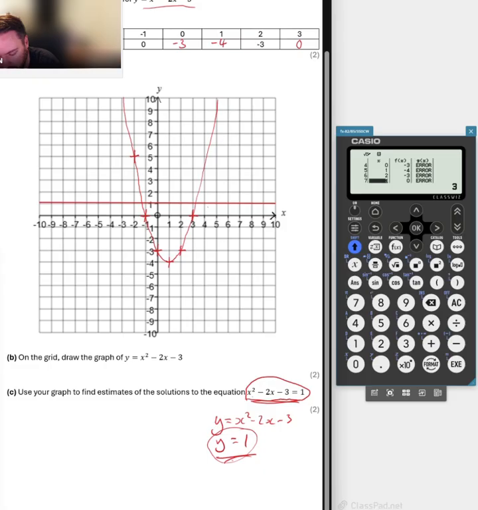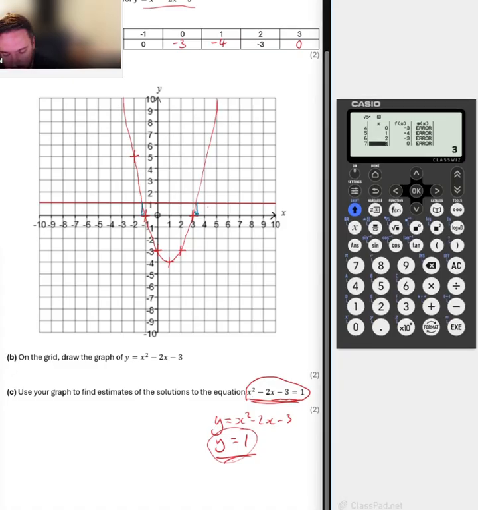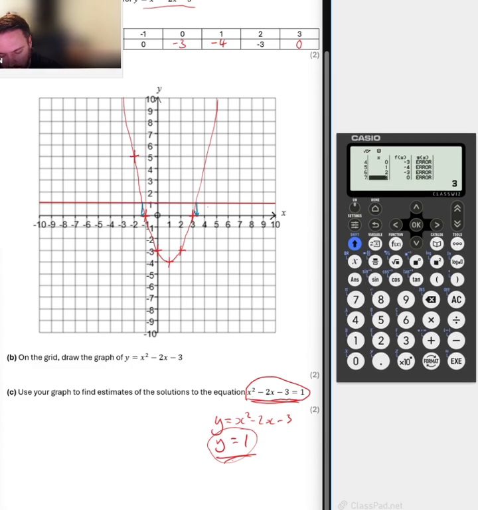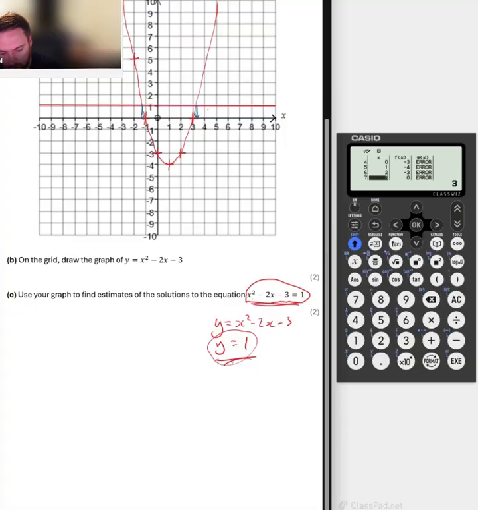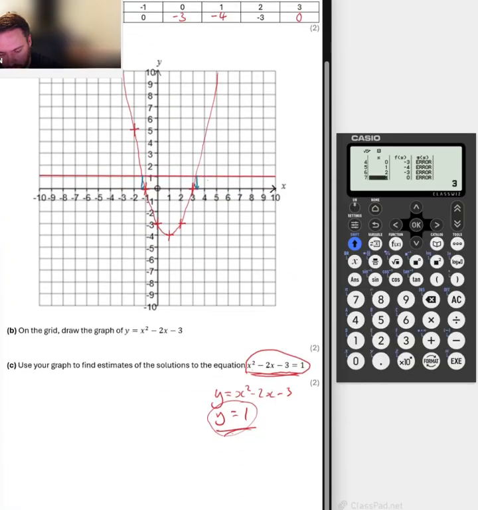And then to find the answers, we go down from there to find an x value. So straight down. They're pretty generous with the range that they allow. I haven't got space for it, but there should be a space on the answer line.